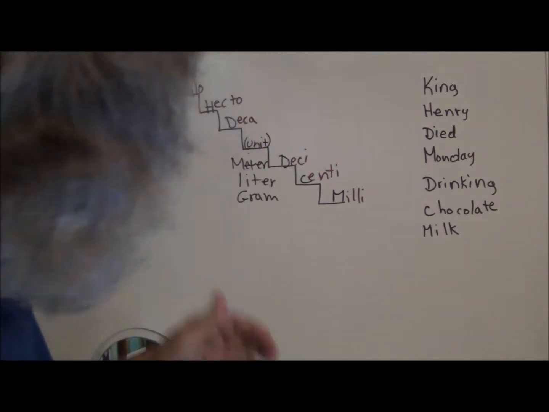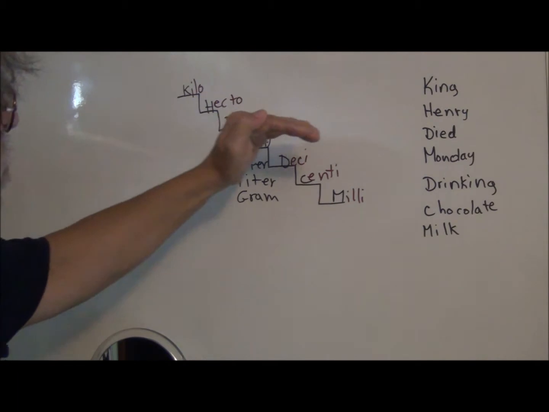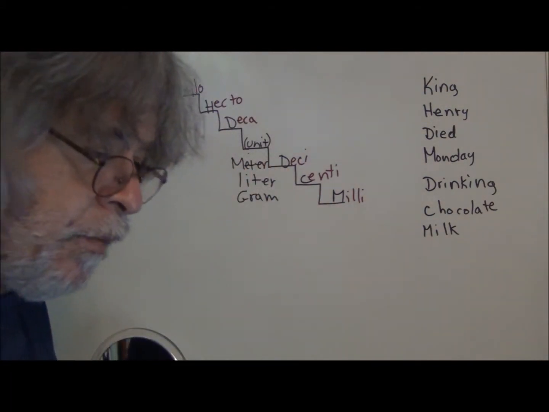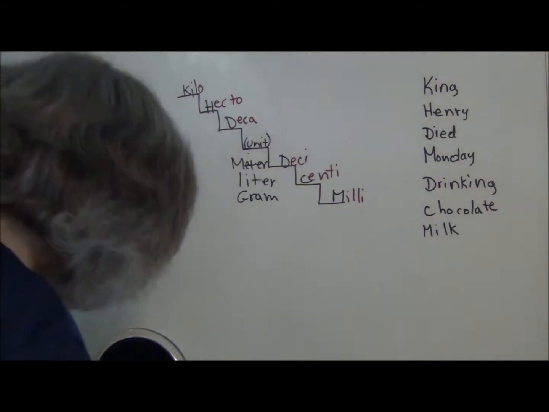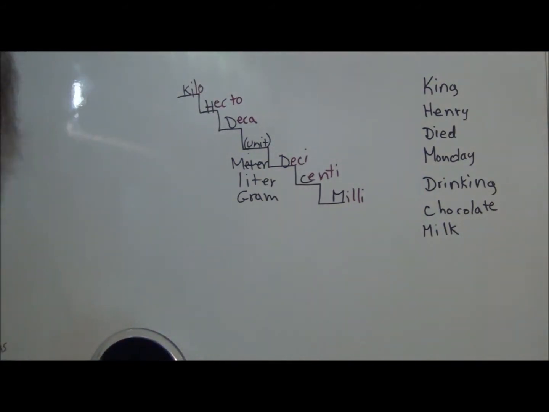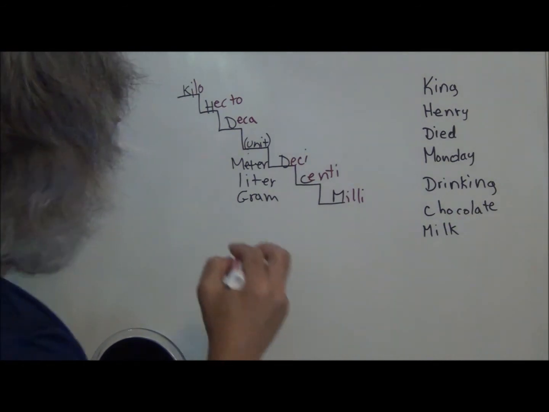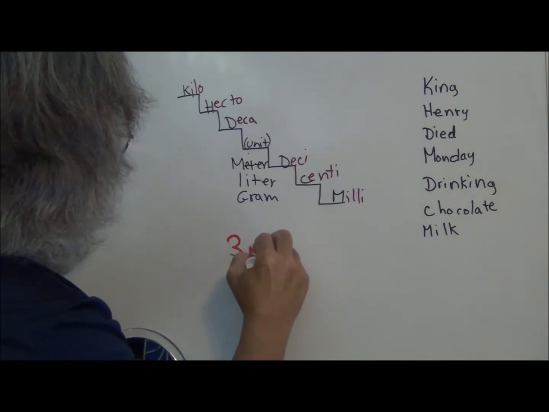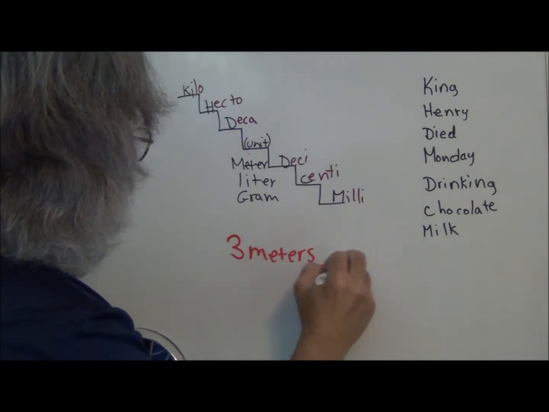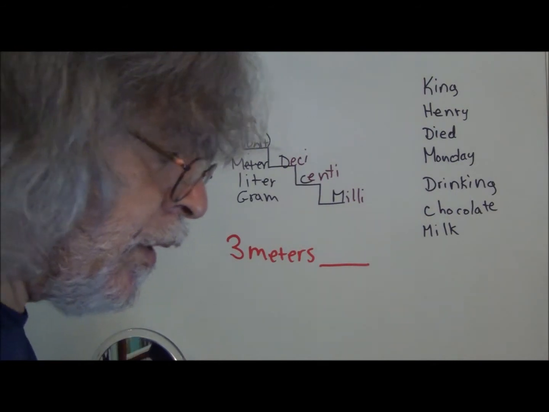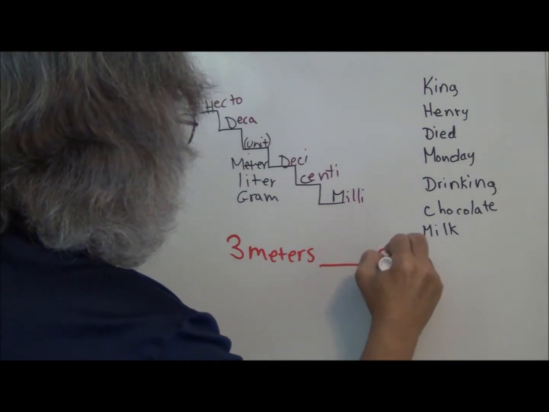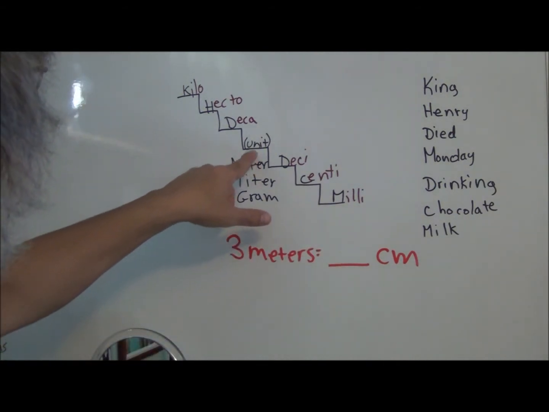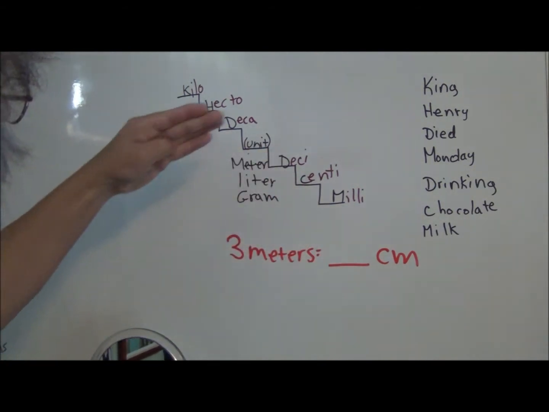Okay, so when we are going to the right, we're multiplying. And when we're going to the left, we're dividing. So suppose I grab a different marker here. We'll grab red. Suppose I wanted to turn 3 meters into, let's say, centimeters. Okay, let me put a little equal sign there. Alright, so we're going from meters to centimeters, so we're going to the right.